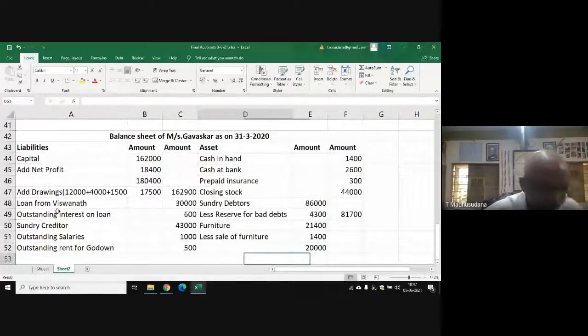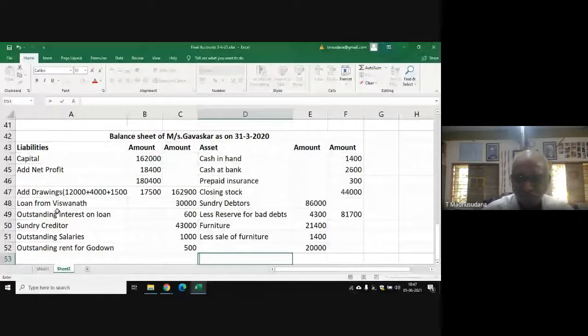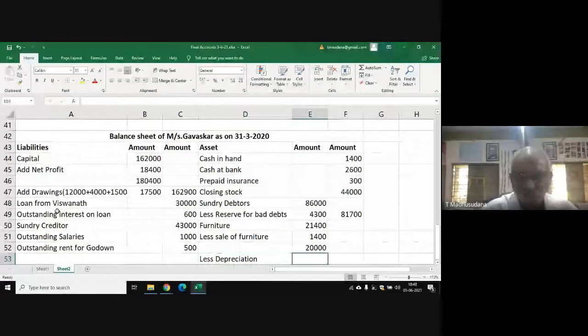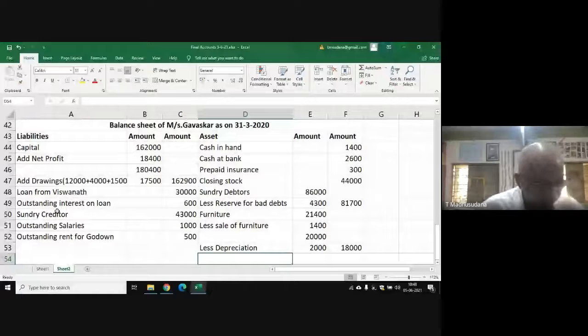On 20,000 again we have to deduct depreciation at 10%. Less depreciation: 10% is 2,000. So 20,000 minus 2,000 is 18,000. Next, office equipment.